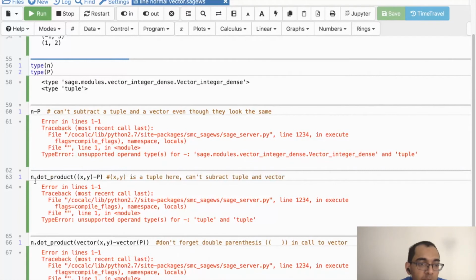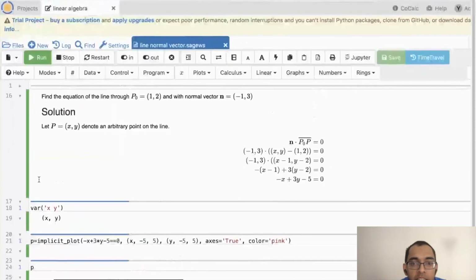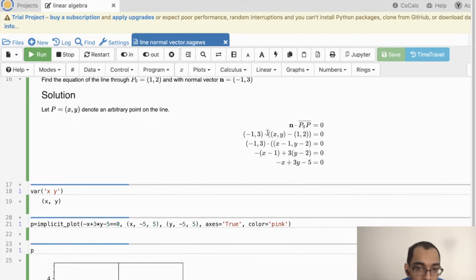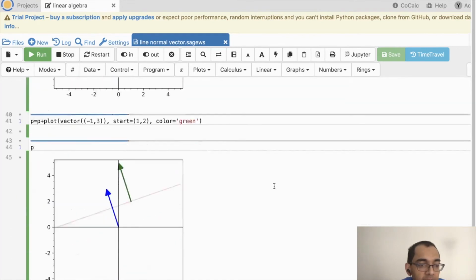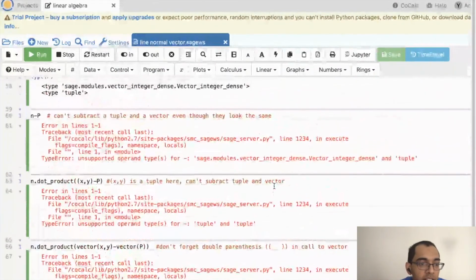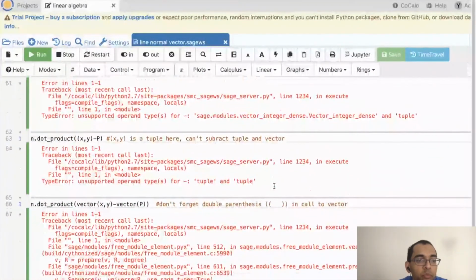What I was trying to do, let me go back up here, was enter this second equation, where I've got (x, y) minus the point p, dotted with the normal vector n. I was getting some errors, and I wanted to show you what those errors were. Here I did (x, y) minus p.